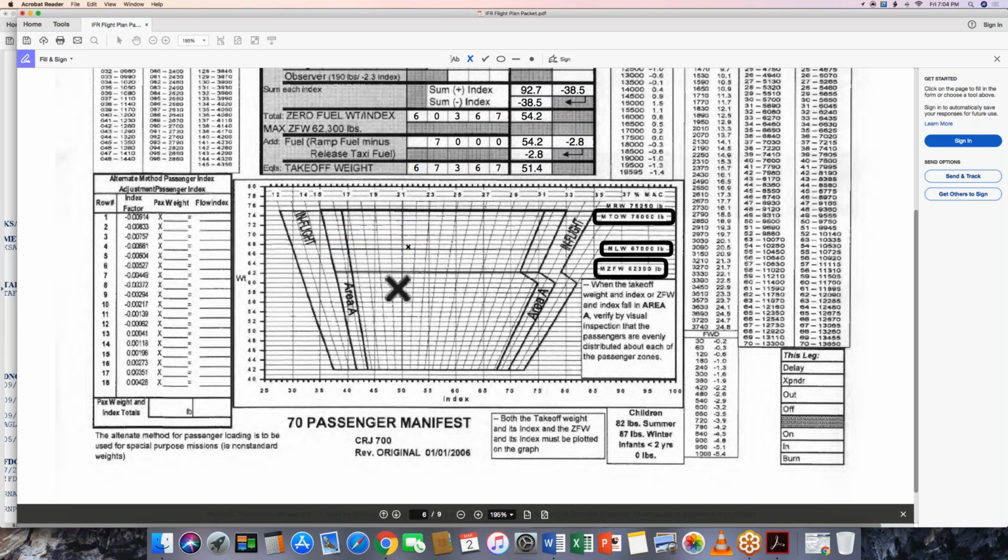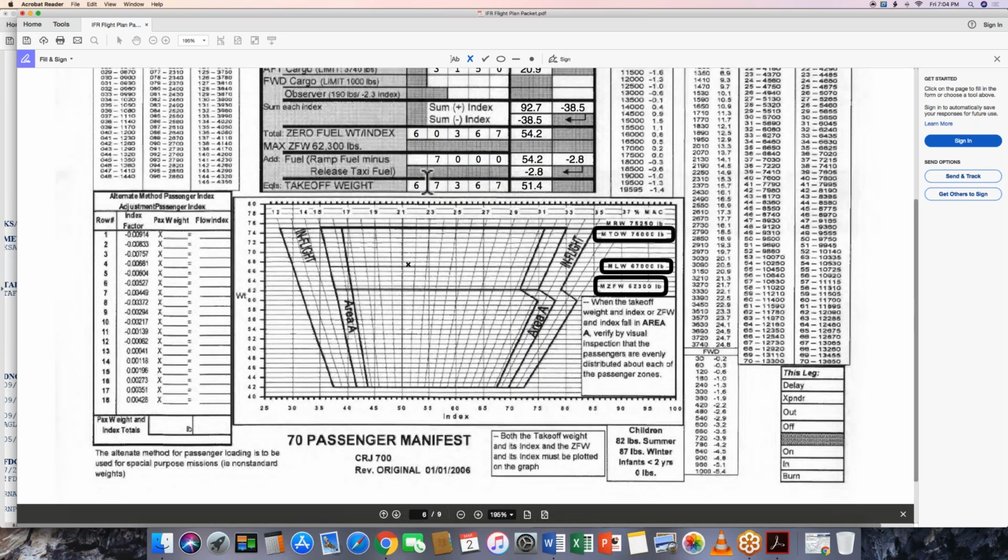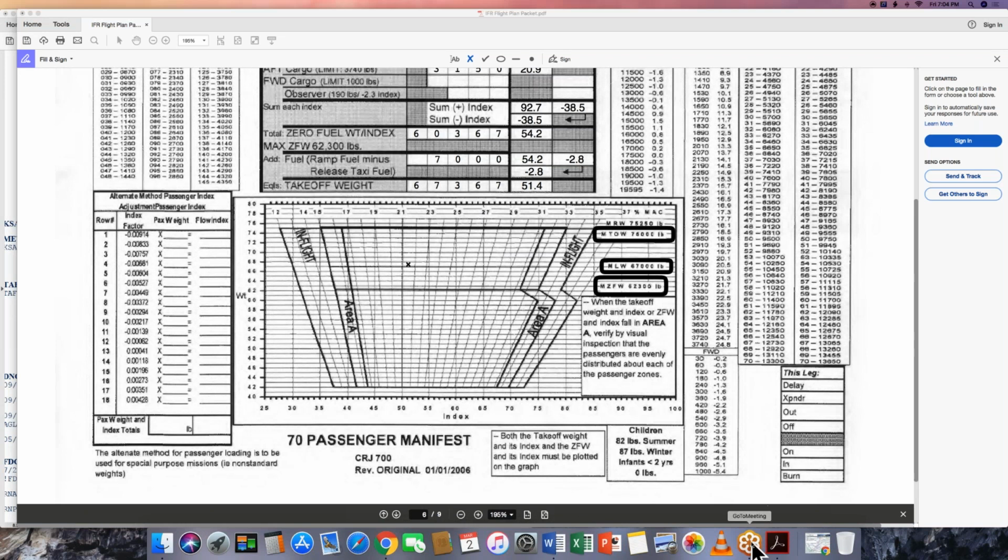So it's pretty easy to say, okay, I need 2 points. That's two passengers, 2.5 passengers, whatever. Makes it pretty fast. All right, everybody comfortable with that? We got a takeoff weight. We've got an index.